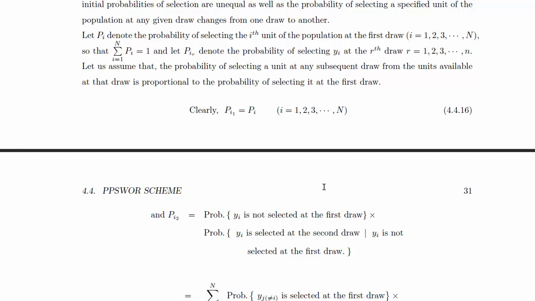So this probability Pi2 is equal to the probability that the ith unit yi is not selected at the first draw but selected in the second draw.